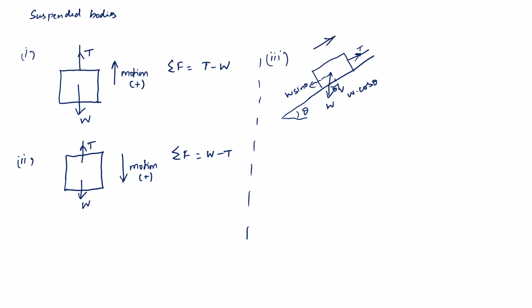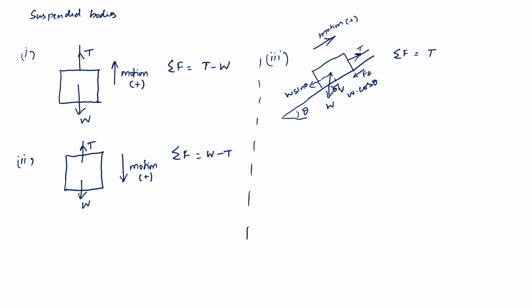Considering the motion is in the upward direction, this will be considered positive. We have friction because sliding is taking place, so it will always be against the direction of motion. These are the forces involved in this case. When taking the summation of forces, we take the upward direction with respect to the plane as positive.